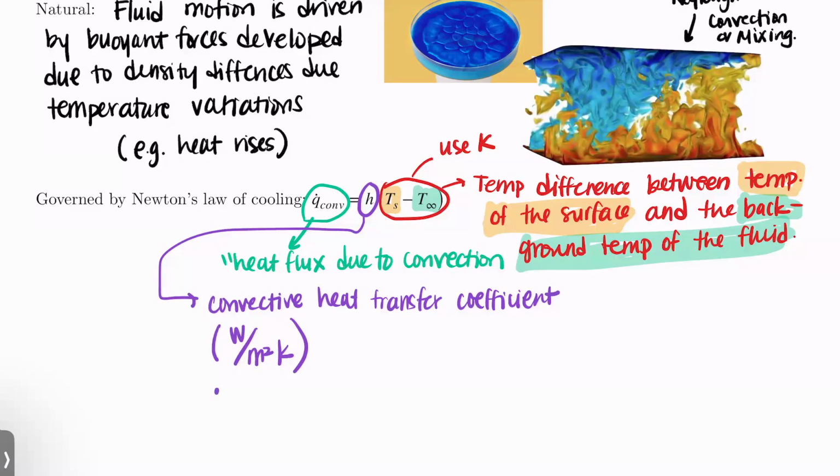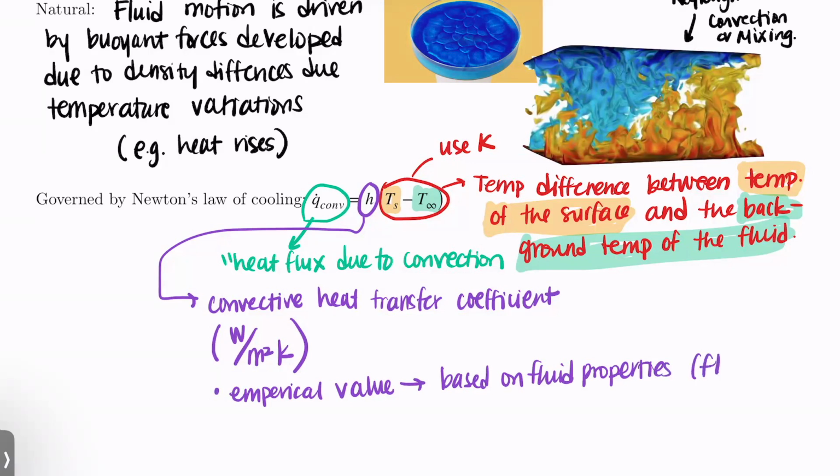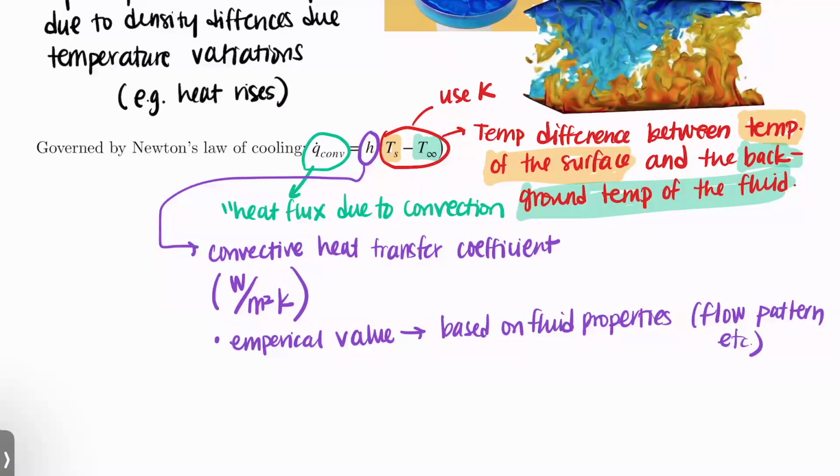H is an empirical value, which is based on fluid properties, so things like the flow pattern, and things like that. It is not a material property at all.